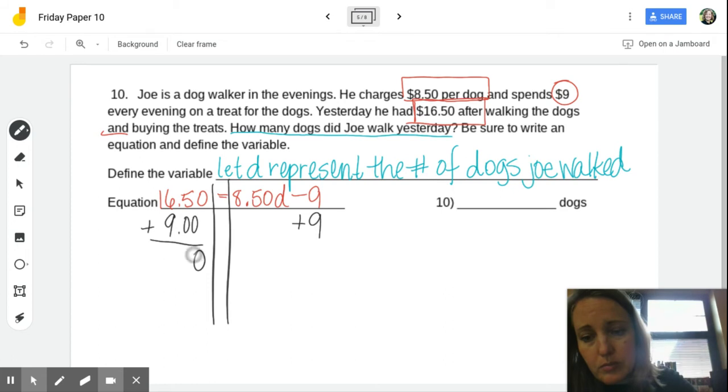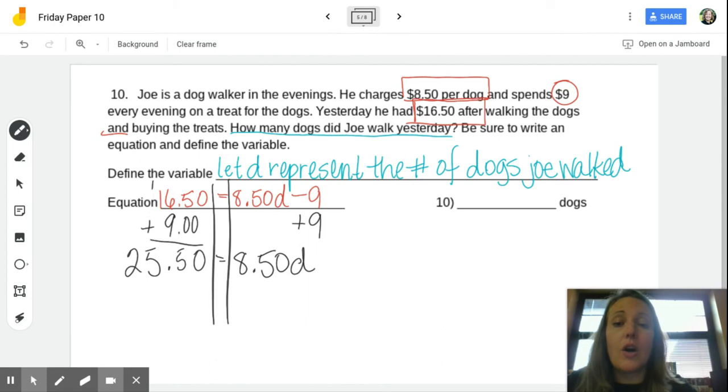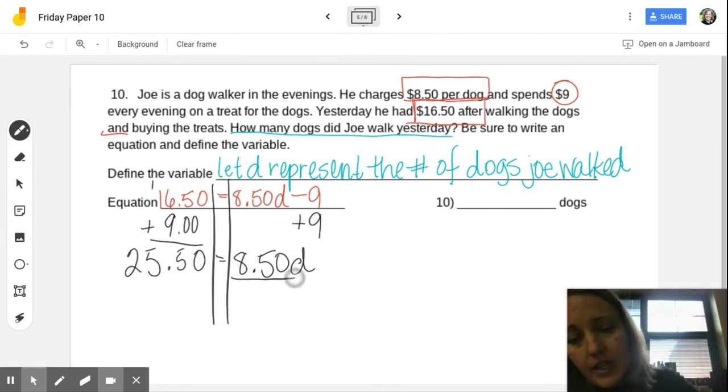That's why we have decimal problems on our Friday paper. 9, 10, 11, 12, 13, 14, 15, 25.50, and we are left with 8.50D. 8.50 per dog. If you hear that word per, that's usually going to tell you that you're going to multiply it like that. So we're going to undo the multiplication with division.